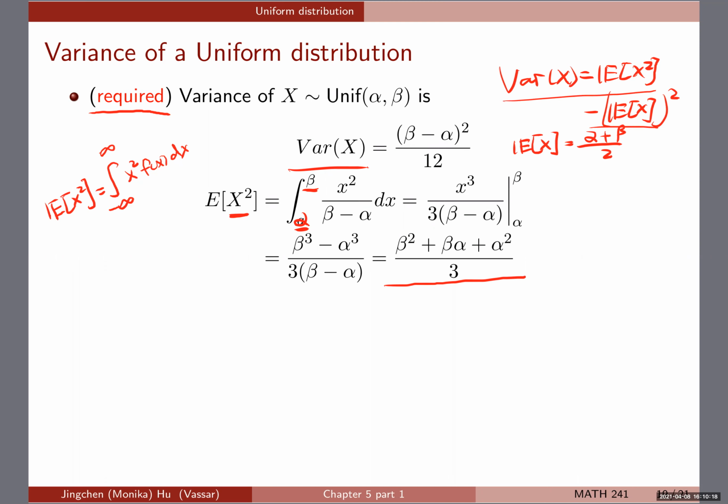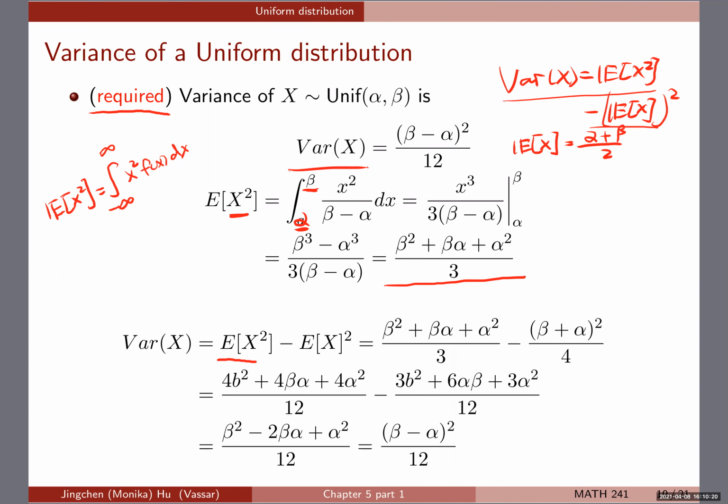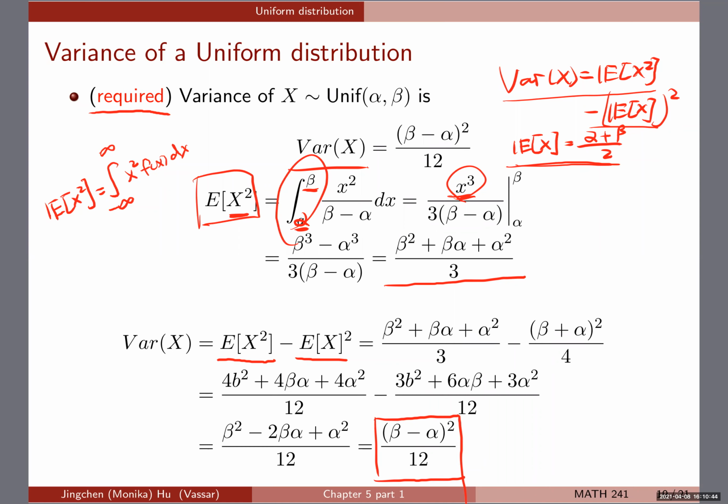You will see that you are doing the expectation of x squared minus the square of the expectation. I know this is quite involved, but if you do it step by step and do it right, you should arrive at this point. We're utilizing the result that we have derived already. The new derivation in this part is the expectation of x squared, which involves integration of a power of x. So be really careful about the steps and the math as well.